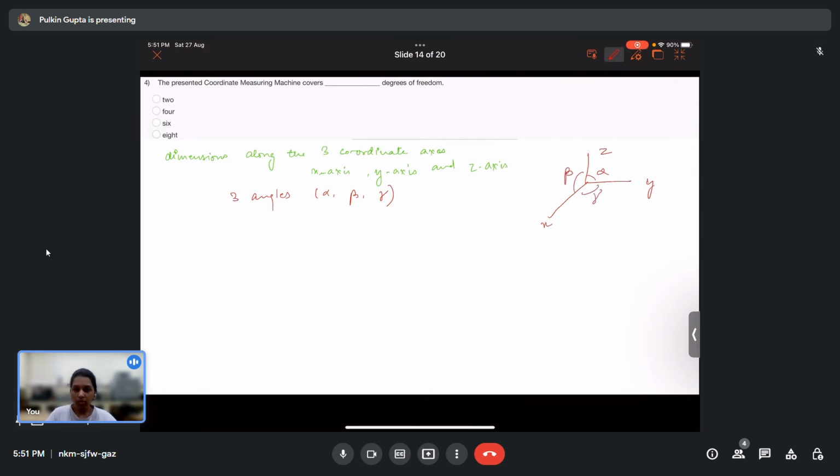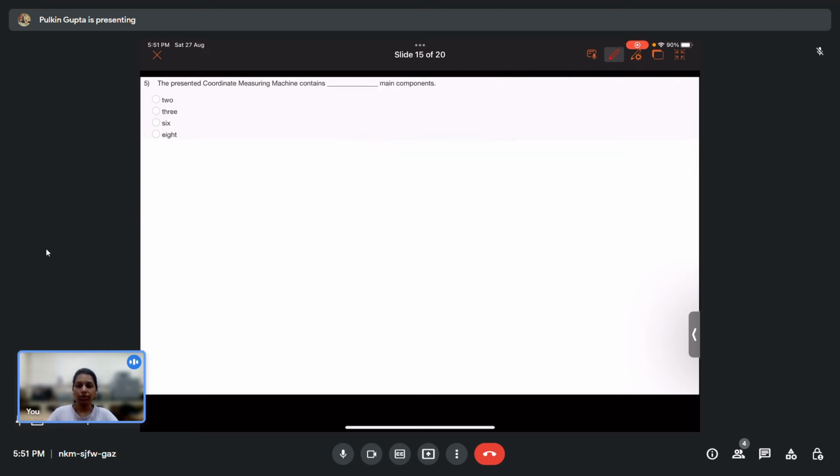So this coordinate measuring machine has degrees of freedom along all 6 dimensions. So it has 6 degrees of freedom. Now moving on to question 5, the presented coordinate measuring machine contains dash main components. So let us recount the main components of the coordinate measuring machine once again.